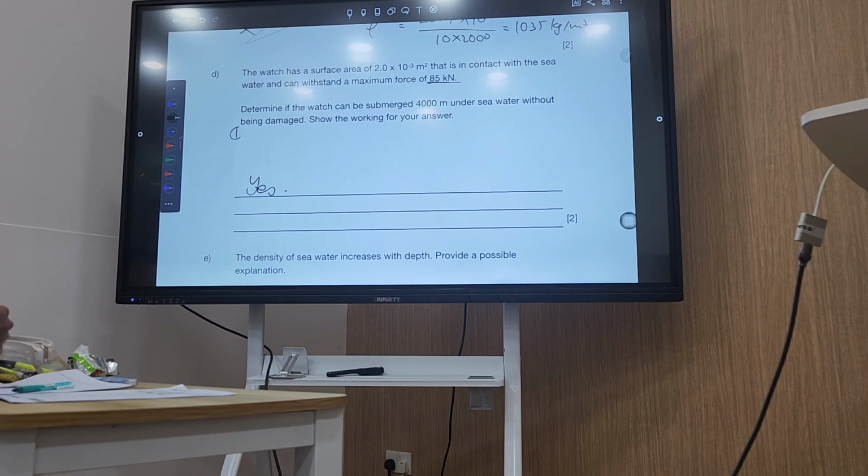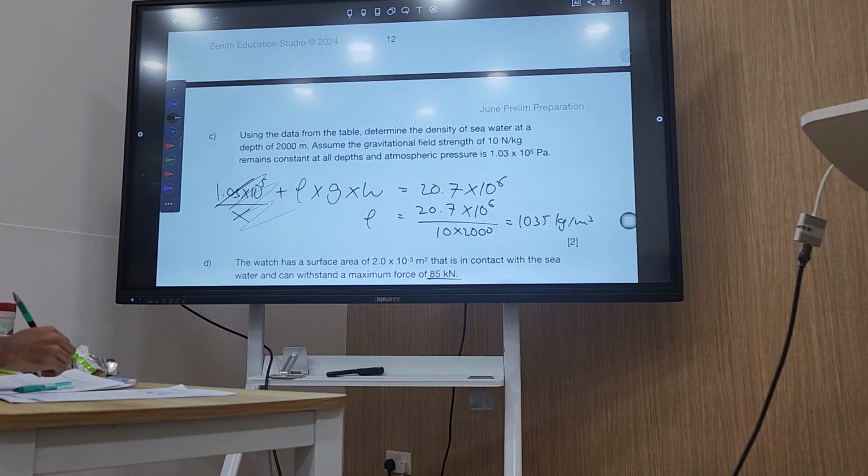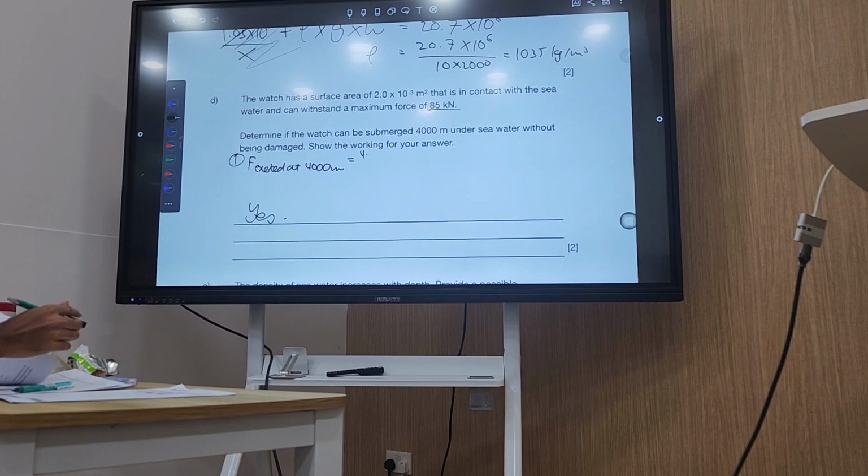The other way is to use your 85,000. So method number one is force exerted at 4,000 meters equals your pressure at 4,000 meters, 41.5 times 10 power 6, times 2.0 times 10 power negative 3.